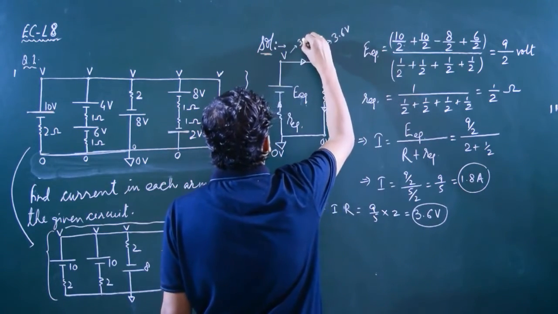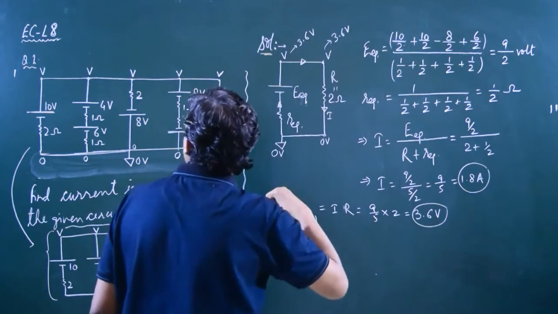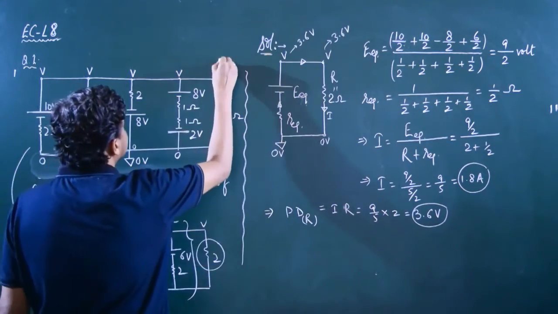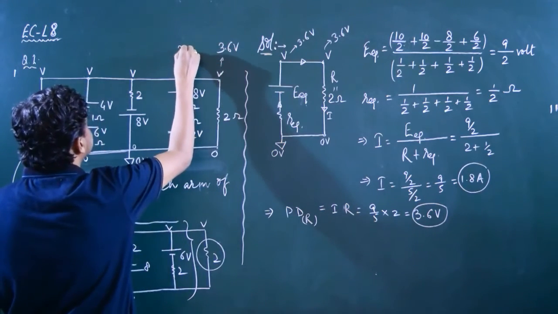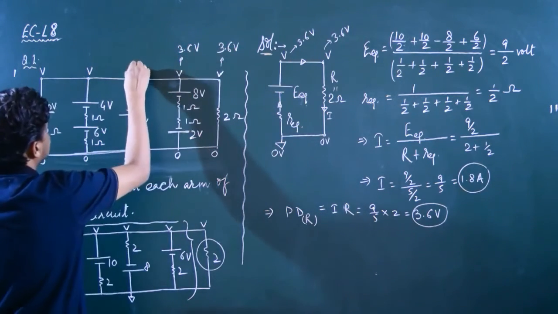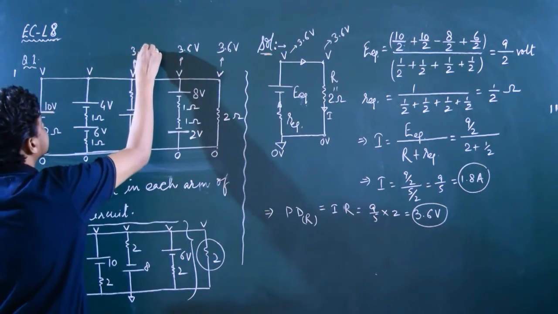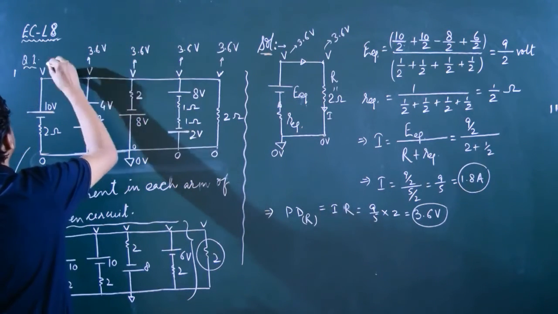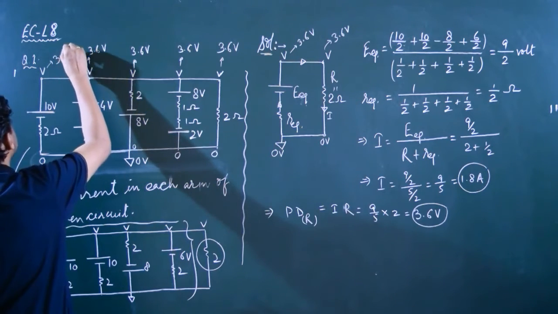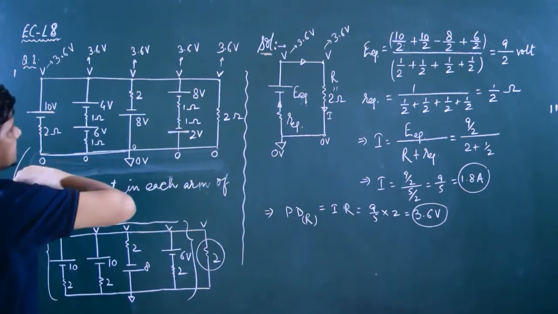Here also potential is 3.6 volt. So at all the points potential we have 3.6 volt. Okay, it is also, and here also potential is 3.6 volt.